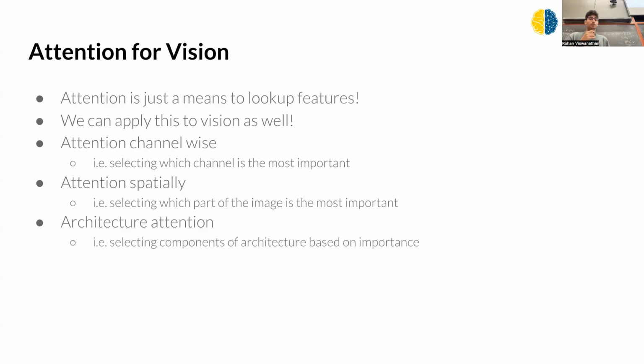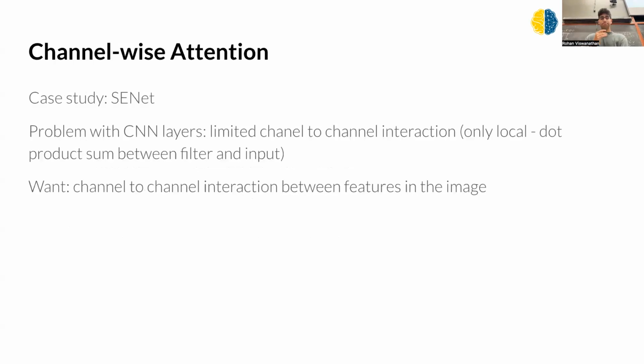We can apply attention channel-wise to select which channel is most important. We can use attention spatially to select which part of the image is the most important. Maybe the top left is more important than the bottom left, right? And we can implicitly use attention in our architectures to select components of an architecture based on their importance. And we're going to talk about all of these.